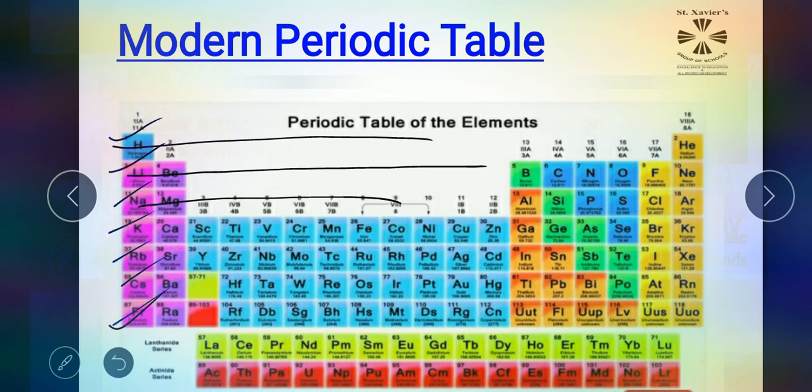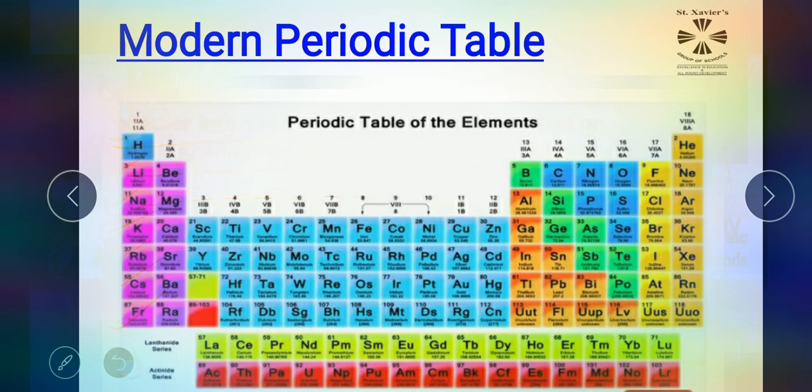When we talk about columns, there are 18 columns, and these columns are called groups. So we have a total of 18 groups. This is about rows and columns, students.